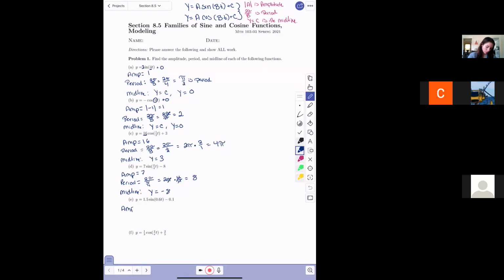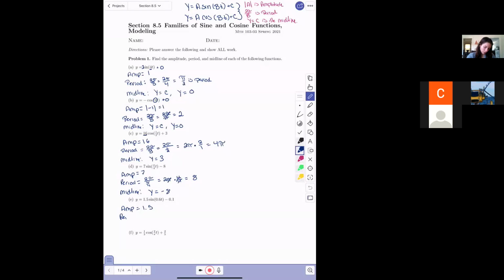We find the amplitude, which is equal to what? 1.5. 1.5, good.